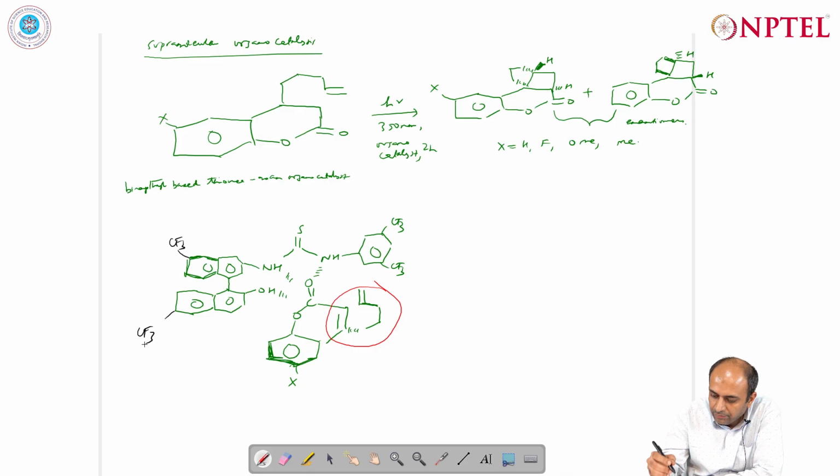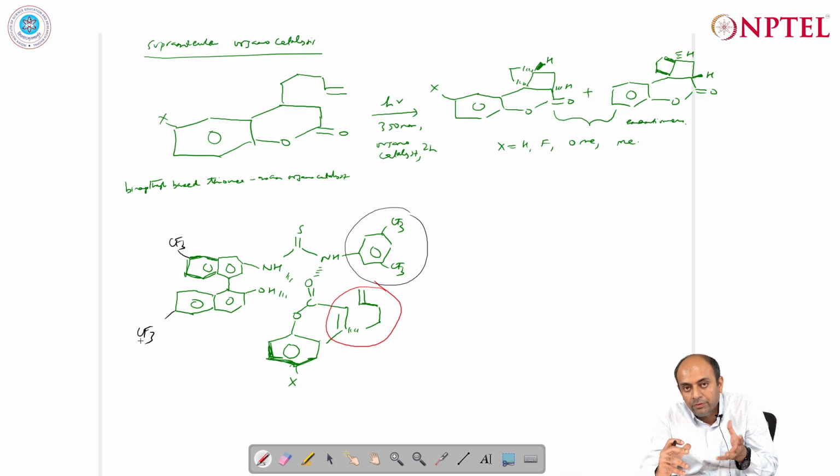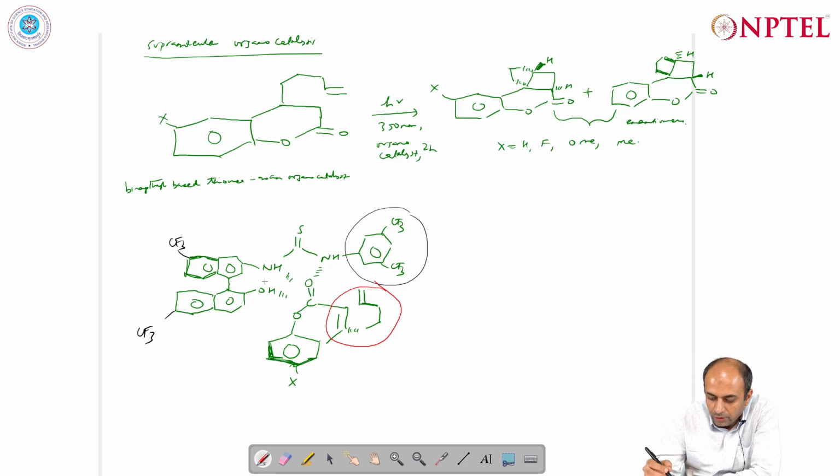So you normally have electron withdrawing groups here, but in this case you have electron withdrawing groups here as well, but you can actually have a different set of combinations, different kinds of catalyst with electron donating groups as well as electron withdrawing groups, which will optimize the reactivity of this catalyst.